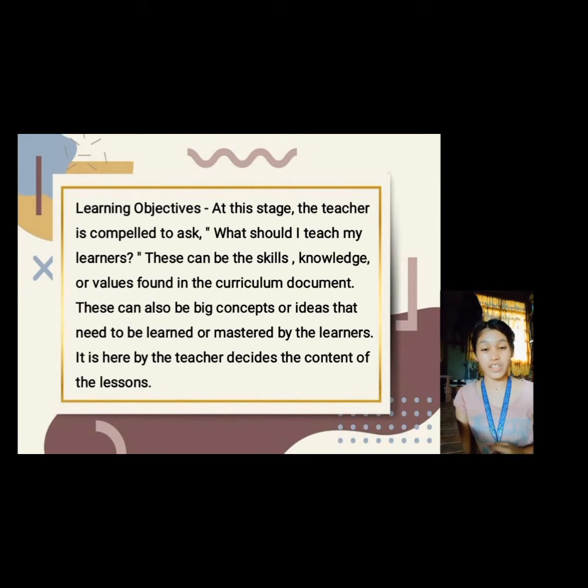Objectives are where the teacher sets a goal for the students. It is the target of the teacher that at the end of that lesson, he or she is able to meet that goal. For example, in making the learning objectives, three domains should be present: the affective, the cognitive, and the psychomotor domains.